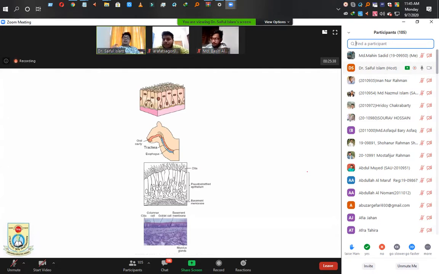The cilia trap the dust particles, and finally these dust particles are removed from the body by sneezing. When you sneeze, you get mucus, and within the mucus the dust particles come out. So this is a simple example. Don't think it is very difficult.